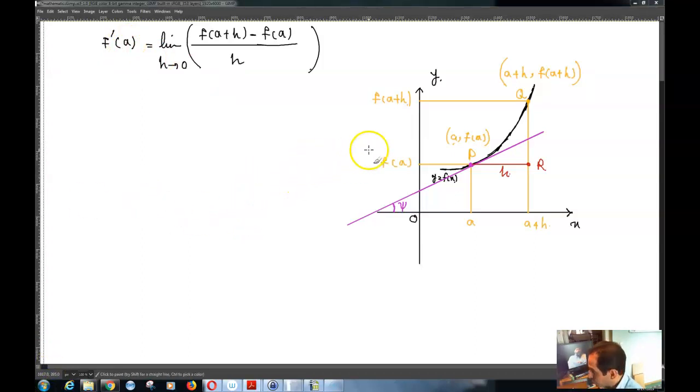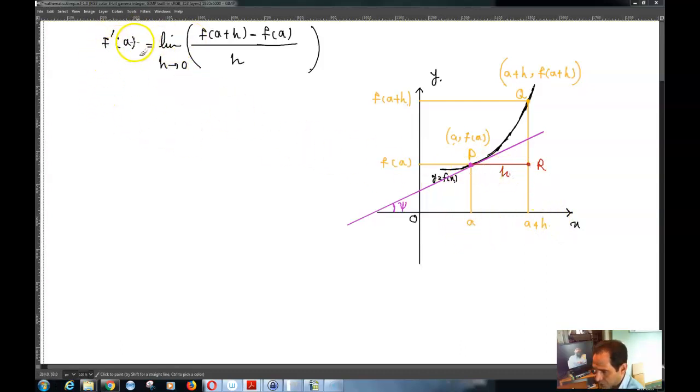Okay, so now about this situation, we know that f prime of a, as we saw before, was f of a plus h, which is basically this point over here on the y-axis, minus f of a, over h, which is basically this distance over here, the difference between a plus h and a, as h tends to 0.